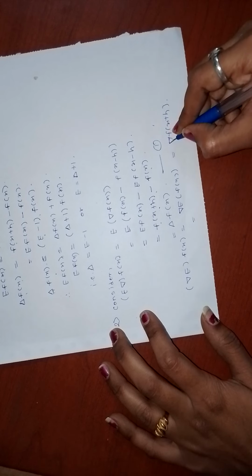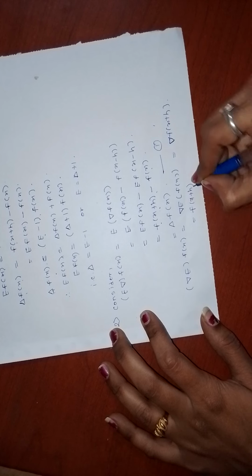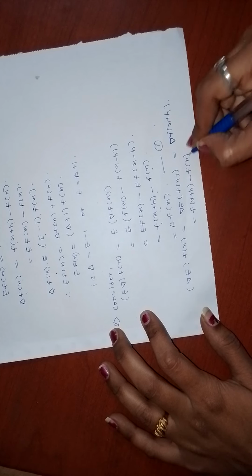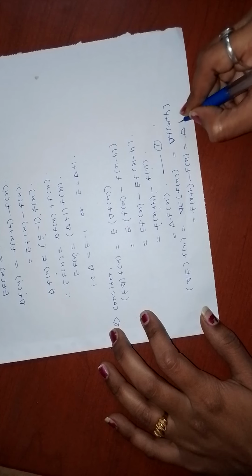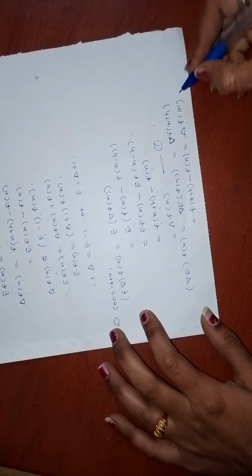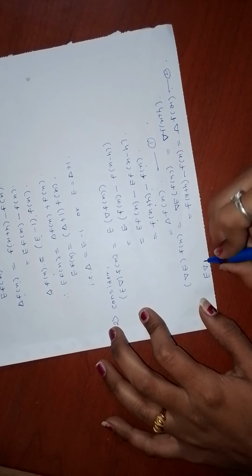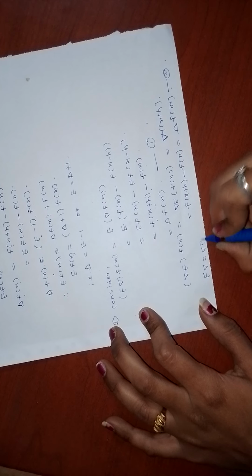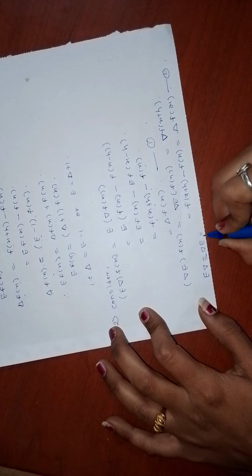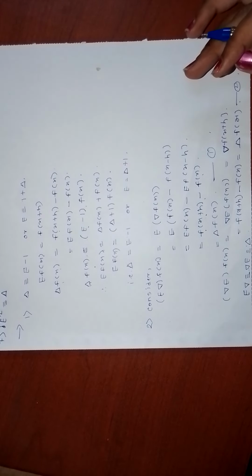Therefore delta f of x plus h is f of x plus h minus f of x, and this is delta f of x. From 1 and 2 we say that E delta is equal to delta E, E del is equal to del E is congruent to delta. This is what we have to say, you have to prove that.